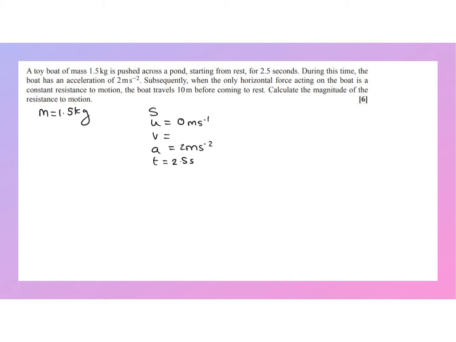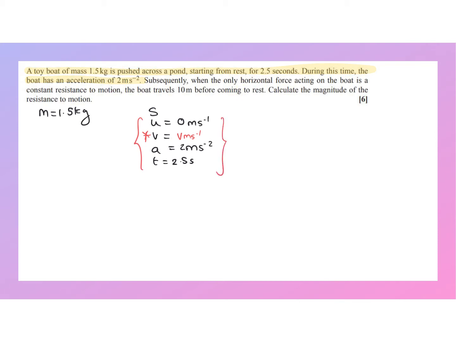So, let's start off by investigating the acceleration phase of the motion. The motion of the boat is split into two parts. Let's look at this first part where it's being pushed across the pond and it's accelerating. We don't know the value of the velocity, so we're going to look at u, v, a and t.